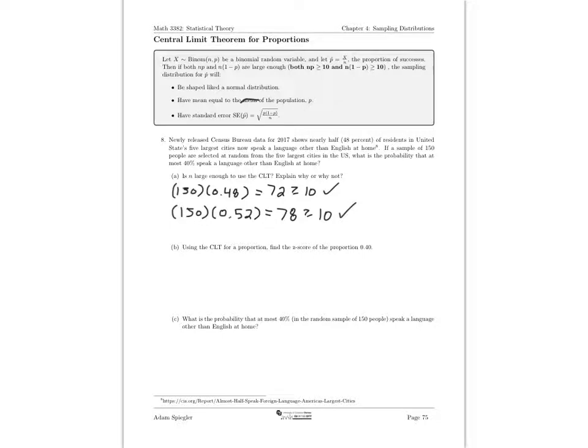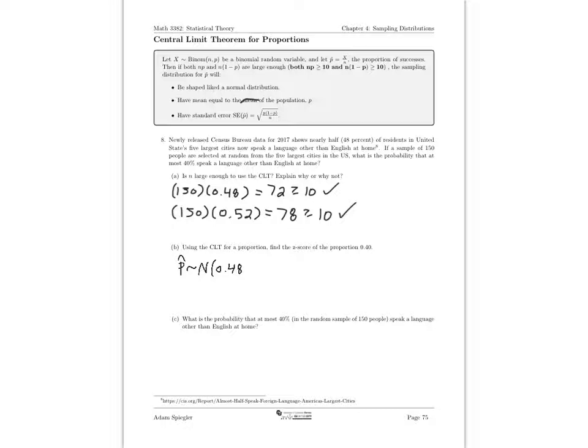And if I want to use the central limit theorem to calculate this proportion, one way that I can do it is to find the z-score of 0.4. So keep in mind here that I don't want to use the distribution for the population. I want to use the central limit theorem, which says p hat is going to be distributed according to a normal distribution. The center, in this case, the mean would be 0.48.